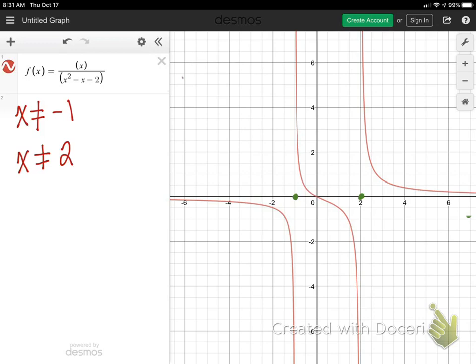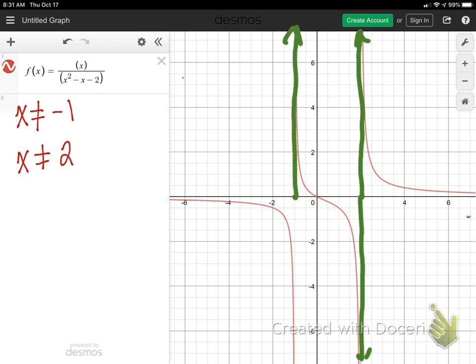So, these are what we call our vertical asymptotes. So the domain of a function is determined by the denominator.